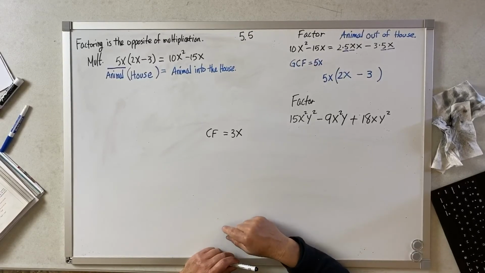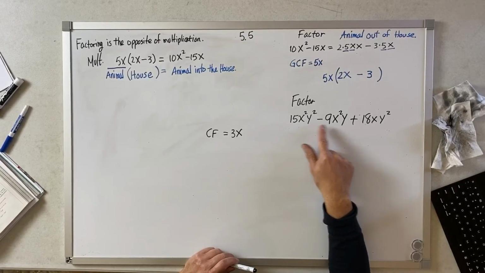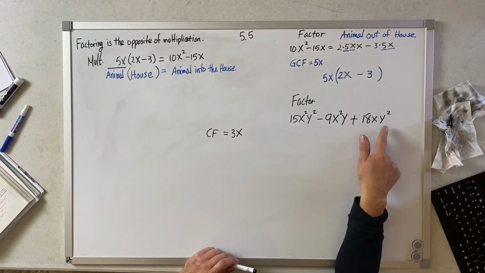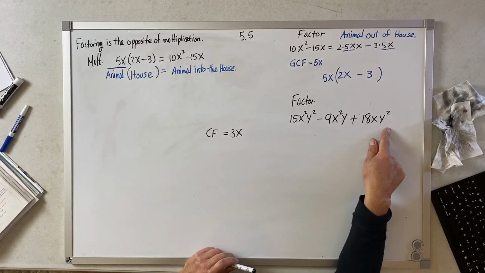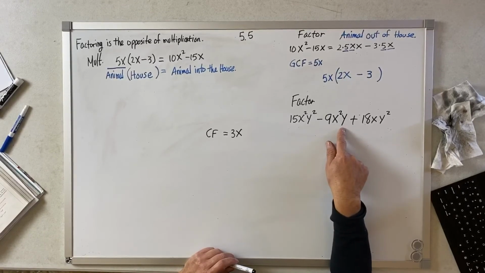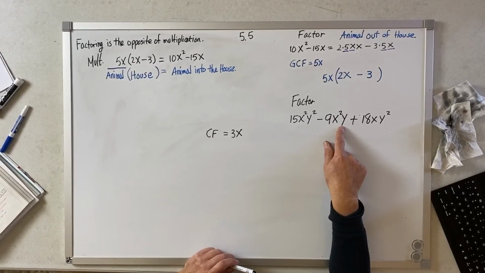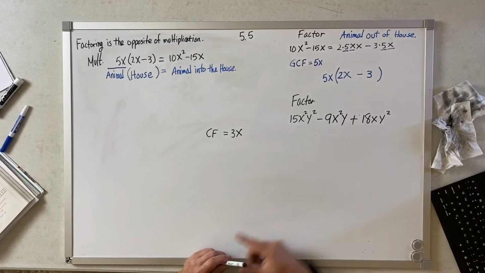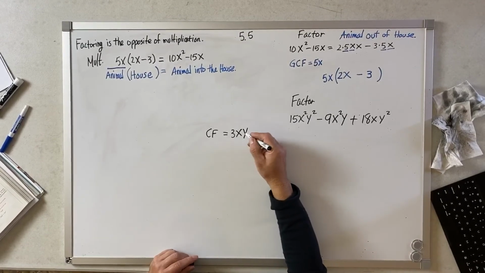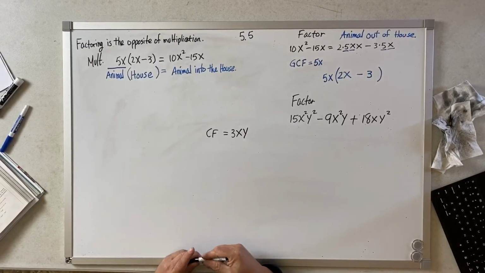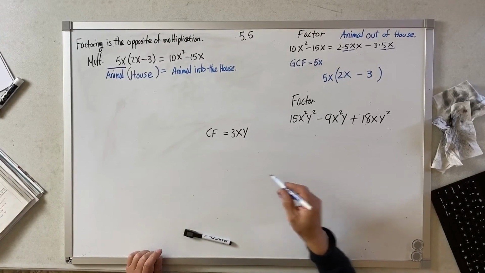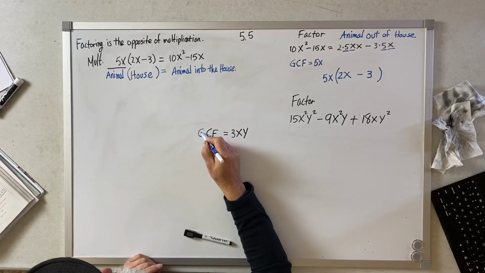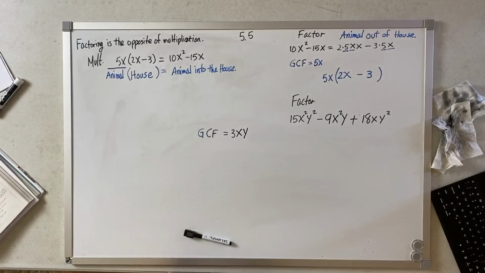What else do they have in common? I see a y squared there, a y there, and a y squared there. What do they have in common? A y. They all have a y in common, but they do not all have a y squared in common because this only has a y. So therefore a y. And now that you have the last part of the factor, now we can call it the greatest common factor, the GCF. And now we're going to take it out.